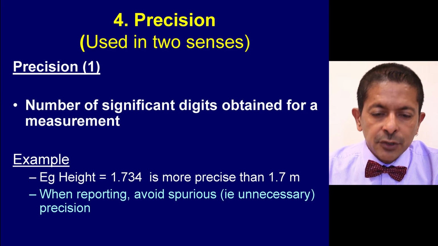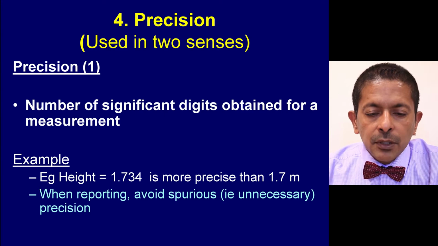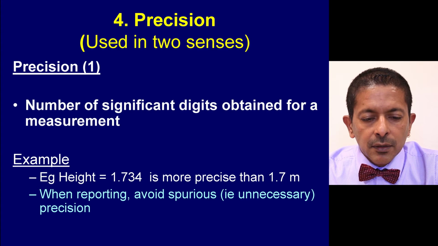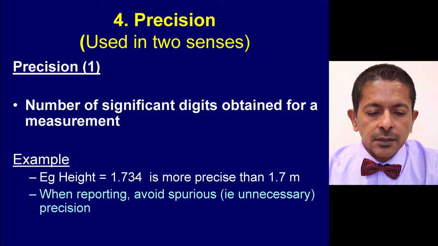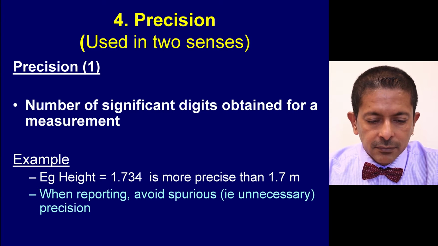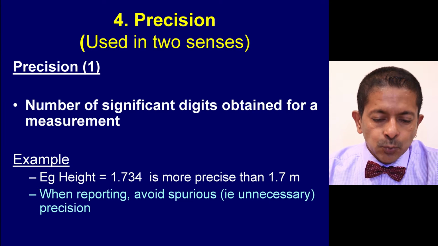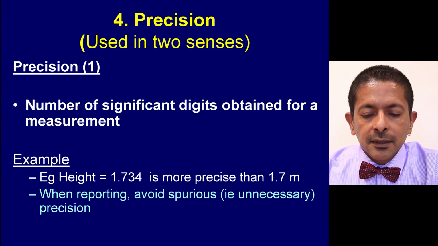Let's move on to precision, which is a term that you often hear about. Now, it can be used in two senses. The first is the number of significant digits obtained for a measurement. For example, if you took the height of a person, you could record it as 1.734. That is more precise than 1.7 meters.